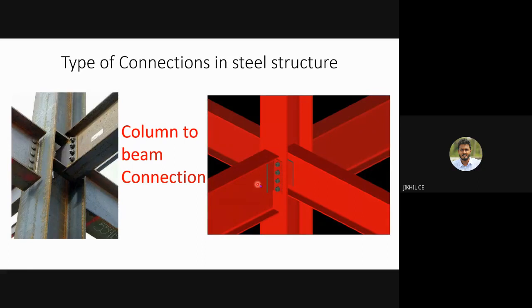In this connection, one side is bolted and the other side is welded. The beam is bolted to the column, and on the beam side it is welded. This is the real photo showing the beam to column connection.